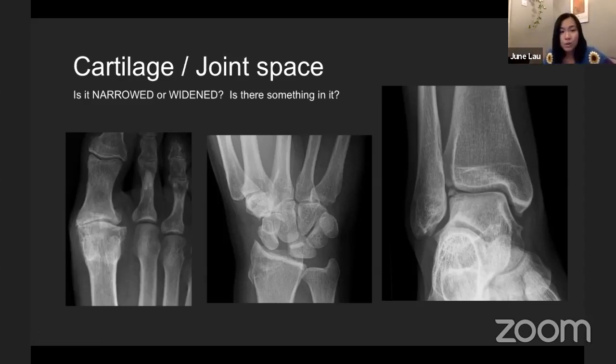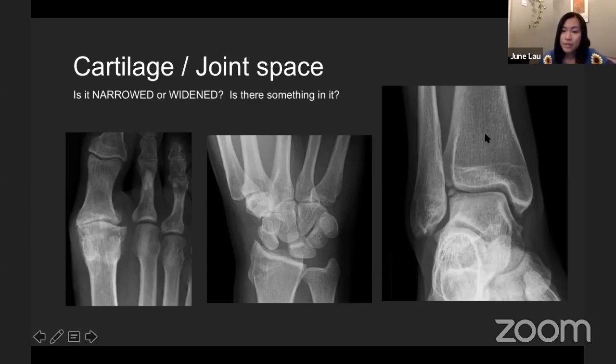Once you're happy with the size of your joint space, you need to think about what can be in your joint space. There should be nothing. Basically, there should just be cartilage and a little bit of lubricating fluid. But in an injury, if you see little flecks of bone like this inside your joint space, then you need to be concerned that there's been a fracture somewhere and a fleck of bone has come off.